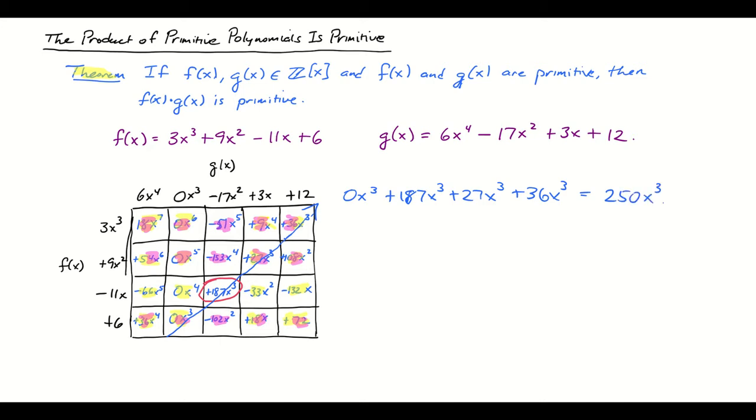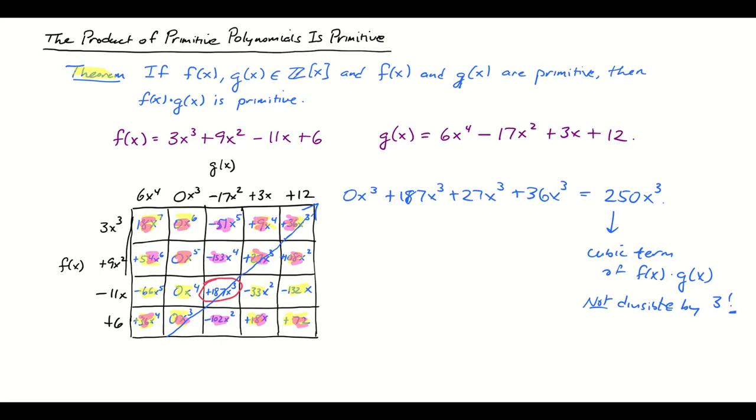So my x cubed term of f of x times g of x, the cubic term, is not divisible by 3! Sorry, that exclamation mark there means exclamation, not factorial. Although I guess it's also not divisible by 3 factorial. So anyway, that means that my f of x times g of x has at least one term that is not divisible by 3. So that's great.